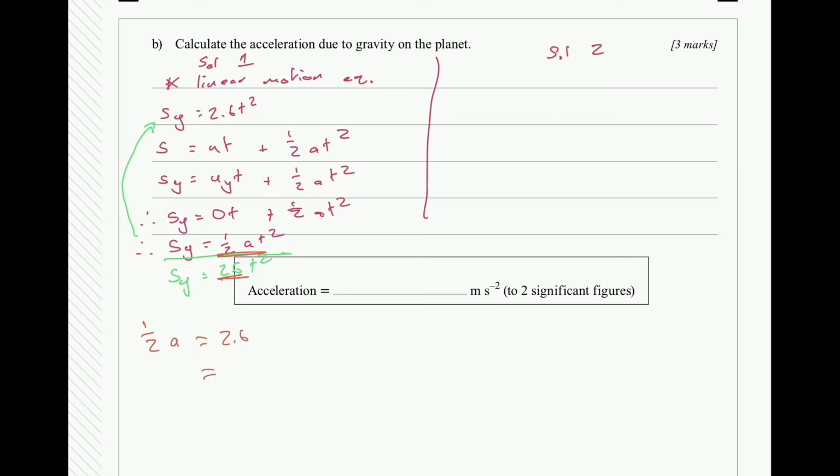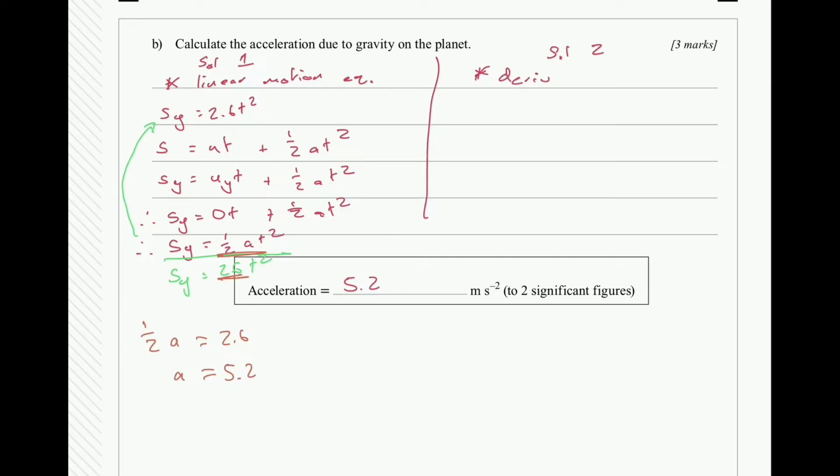Therefore, we just rearrange it: A is equal to 5.2. I'm going to write that here, and it is 5.2 pointing downwards, and our units are meters per second squared.